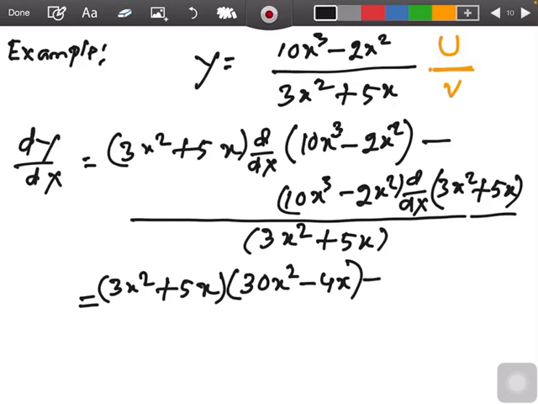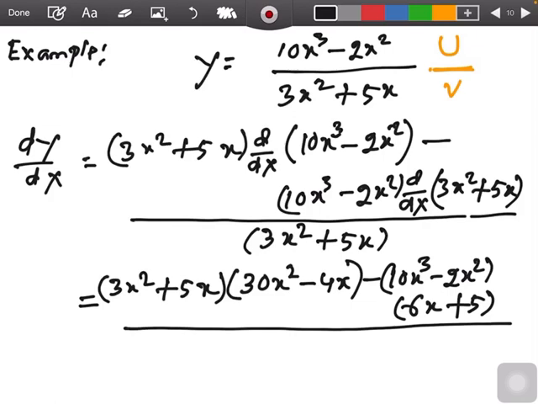Minus 10x cube minus 2x square into, so 3x square plus 5x का डेरिवेटिव 6x plus 5, whole divided by 3x square plus 5x whole square.